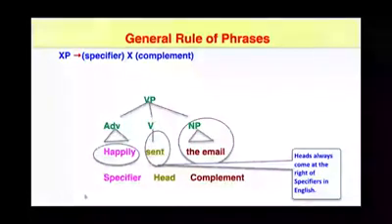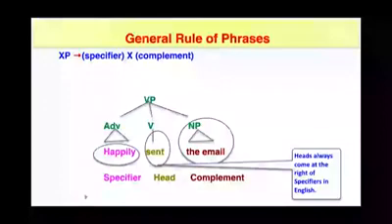Now, the verb sent is the head of the phrase. Happily is the specifier of the verb. What does it mean? It specifies the verb. It means, how did he send? Someone sends an email. I'm giving information about the action itself and how it was done.